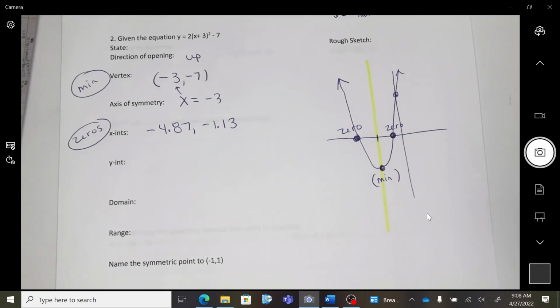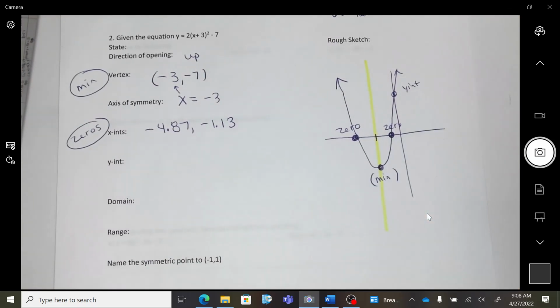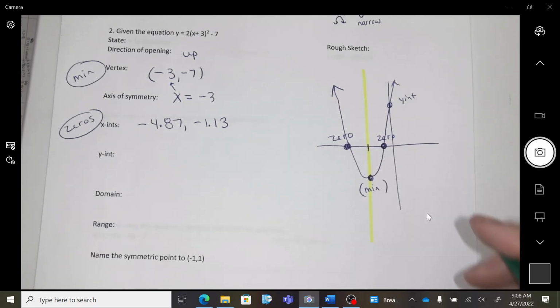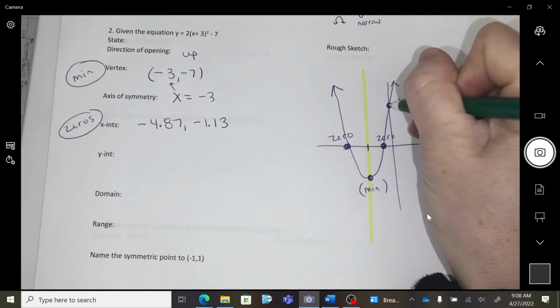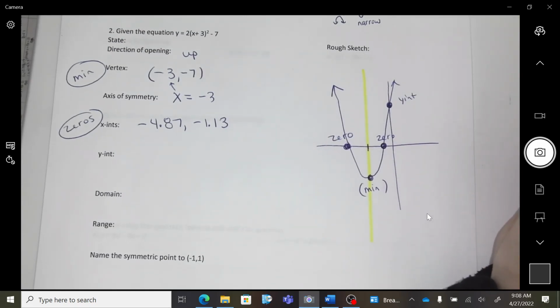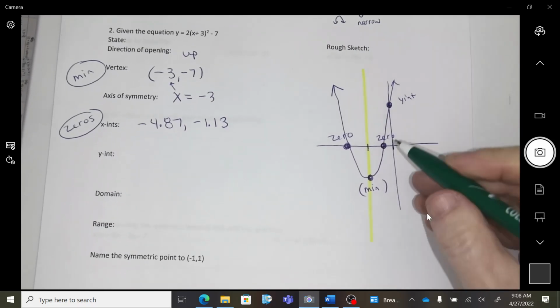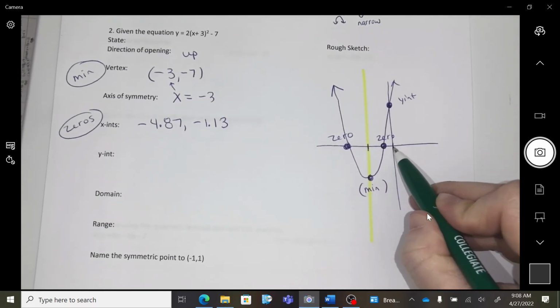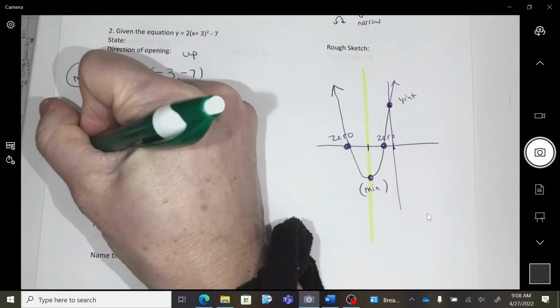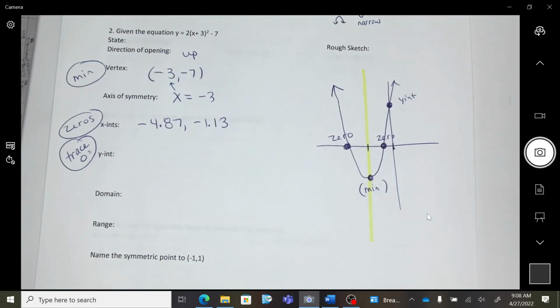Okay, the y-intercept. So here's the point I'm looking for on my graph. That's the y-intercept. So what do I do to get that? It's not in the menu. Do you remember which button you would push to get that? What's the x number right on that line? You're going to go trace 0, enter.